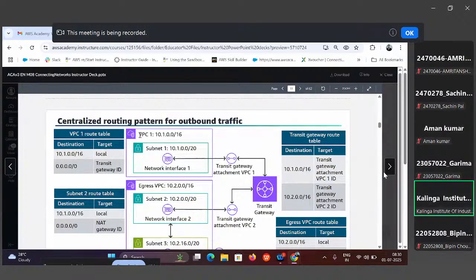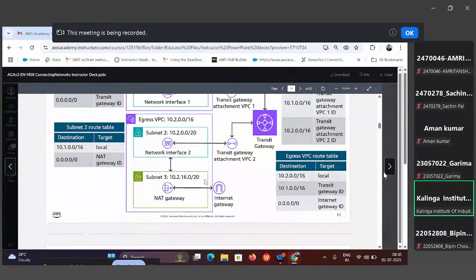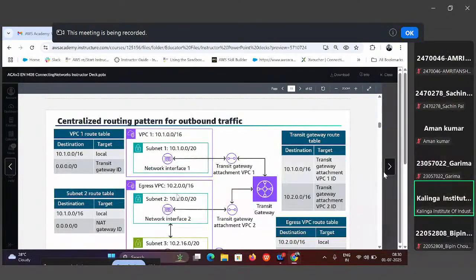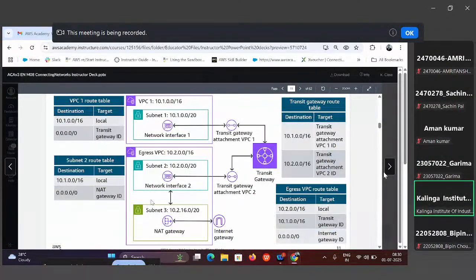And if we come to this egress route table, we are connecting multiple subnets in this VPC, like subnet 2, subnet 3, and some IPs have been allocated for each and every subnet. So you can keep it in the route table, like how you create a normal VPC route table. Similarly, there will be a route table for the egress VPC, where you will have a destination and a target.